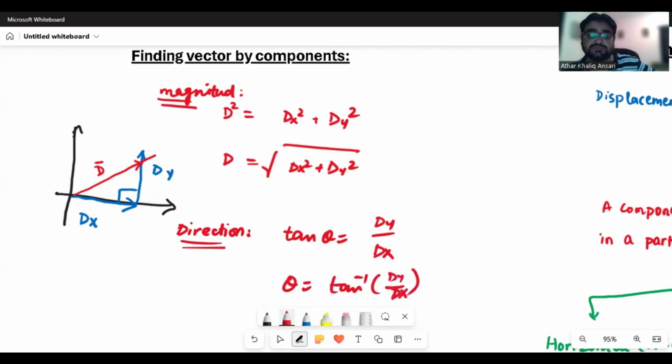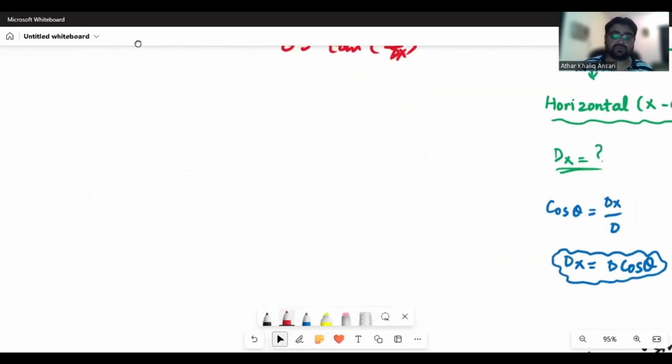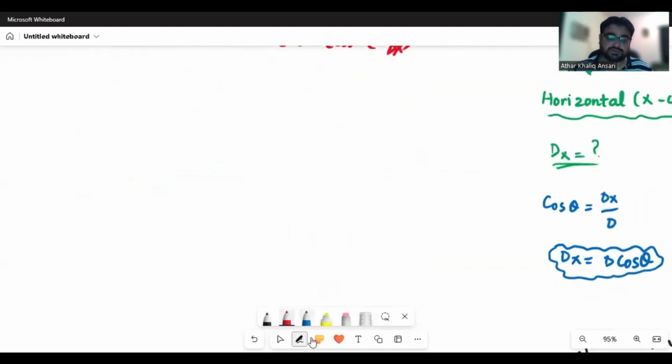So if the vector components are given as Vx and Vy, the magnitude will be V equal to the square root of Vx squared plus Vy squared, and theta will be tan inverse Vy over Vx. For example, if I give you two components, for a similar question, say this is a component toward the east, 4 meter, that is dx, and from here you move 3 meter to the north, that is dy.